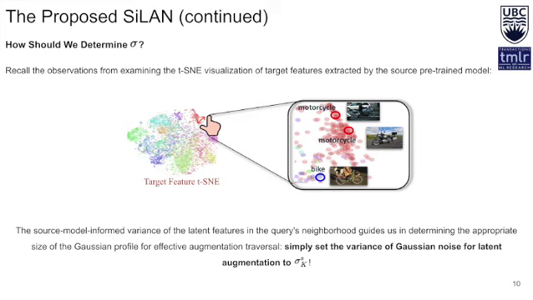Recall the observation from the first few slides: by examining the t-SNE visualization of the target features extracted from the source pre-trained model, the neighboring target samples in the latent space still share the same ground truth. This gives us a very simple solution: we can simply set the standard deviation of the Gaussian noise for the latent augmentation traversal to the standard deviation of the source-informed latent KNNs.